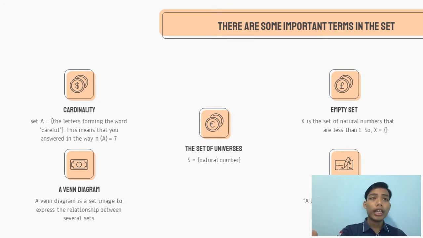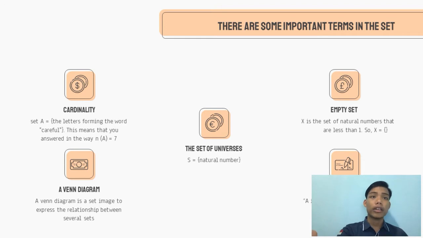And the third is the empty set. An empty set is a set that has no members. For the examples, you can see them in your phone or your laptop in this video. And then the fourth is the Venn diagram.